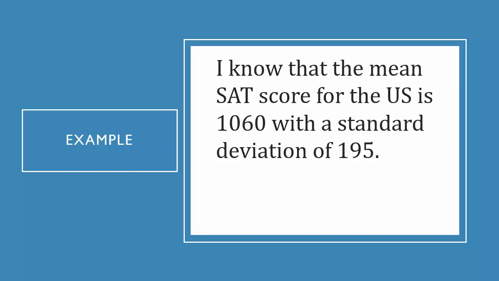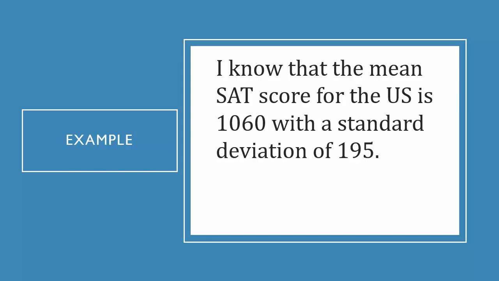So let's say, for example, that we had a high school that we were looking at, and we want to see if the students in this high school are doing significantly worse on the SAT compared to the whole population. Let's say it's in an underprivileged community or something like that, right?